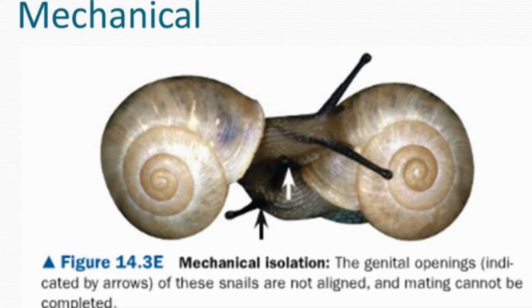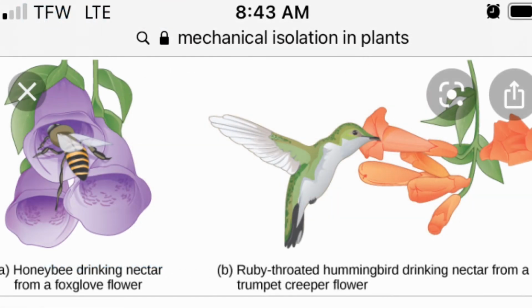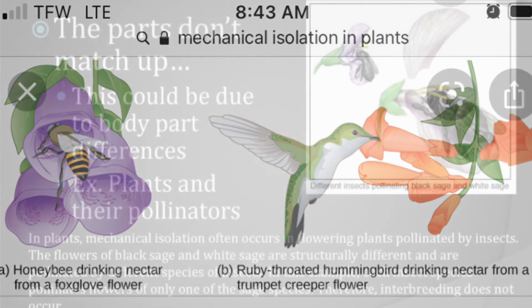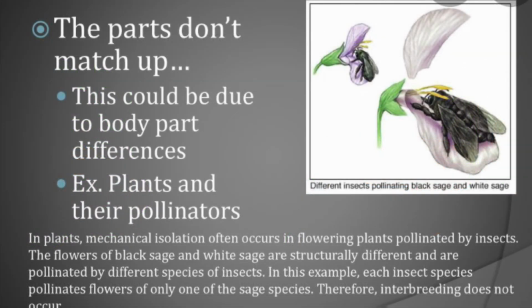In plants, this also happens. The pollinator is not compatible in size to be able to get the pollen delivered to the plant. It happens in plants too, because remember, the pollinator is the one that delivers the pollen. If he's not the right size, it's not going to work.